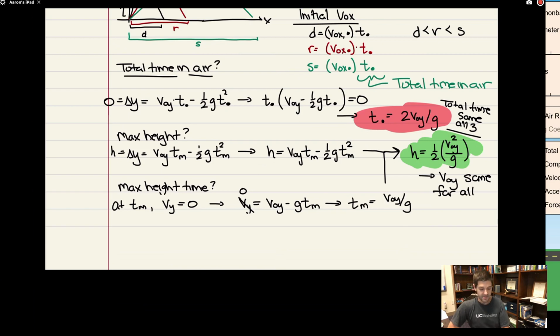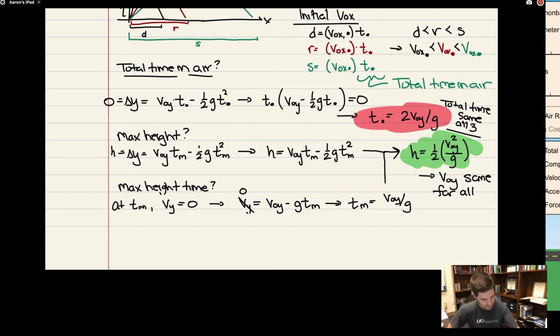So since all the t's are the same, this implies, just by staring at these equations, that v in the x direction for black is less than v in the x direction for red is less than v in the x direction for green.